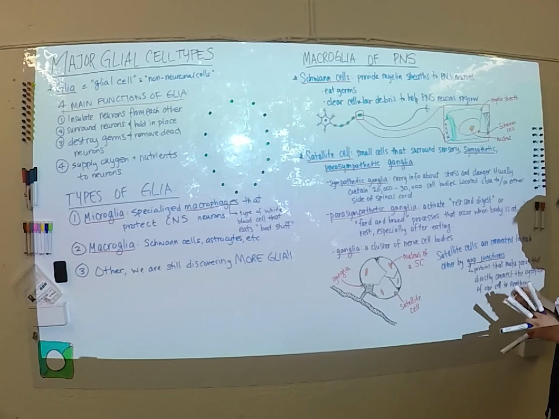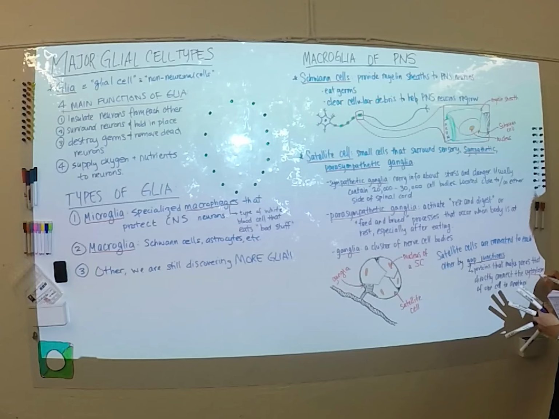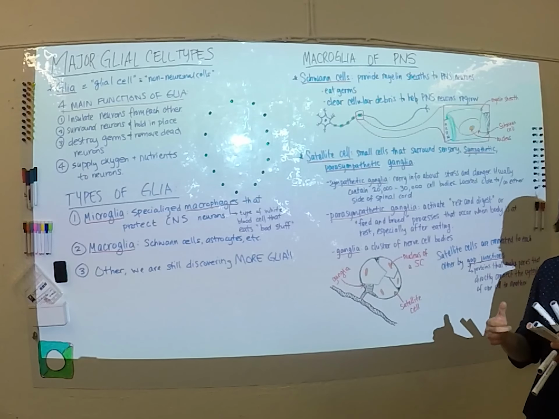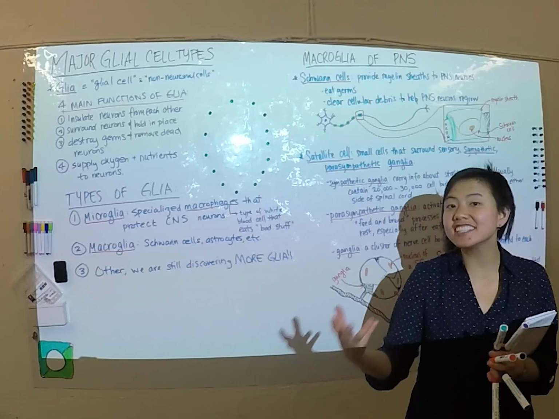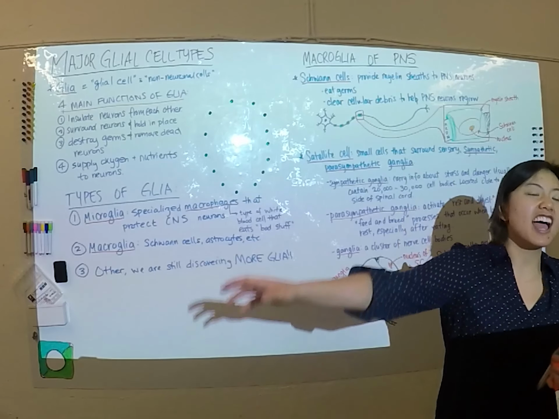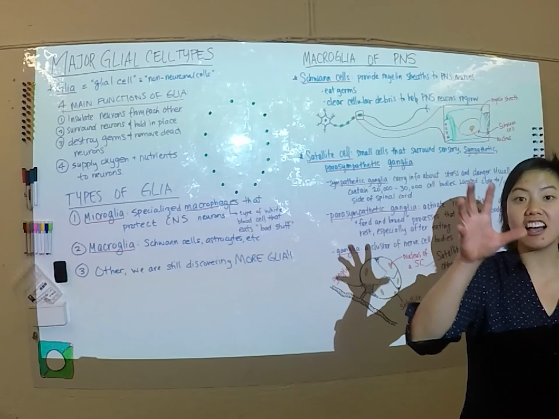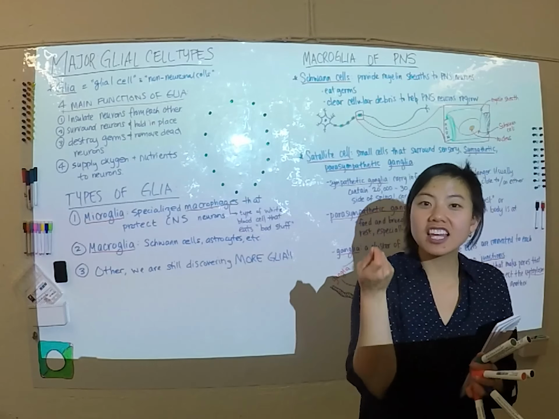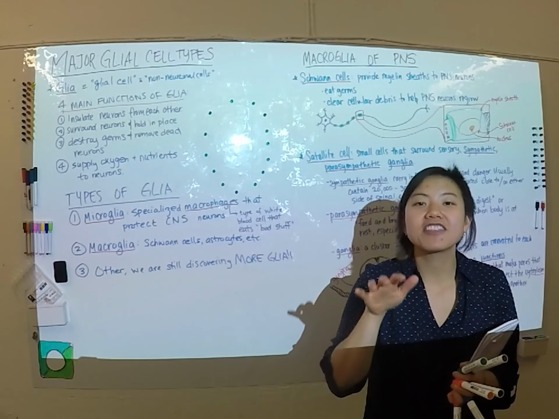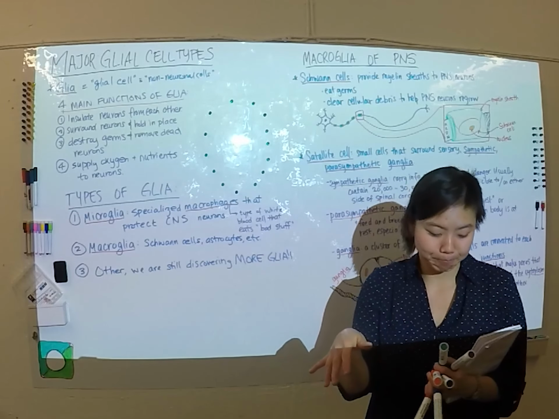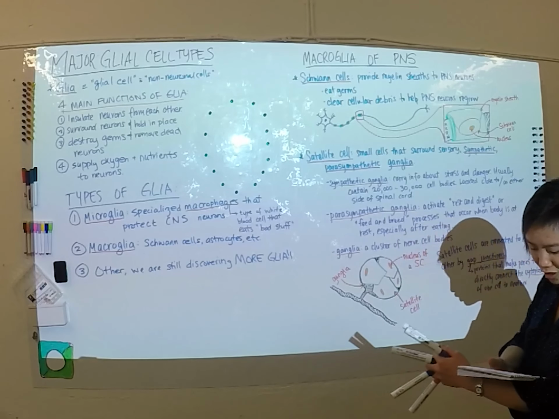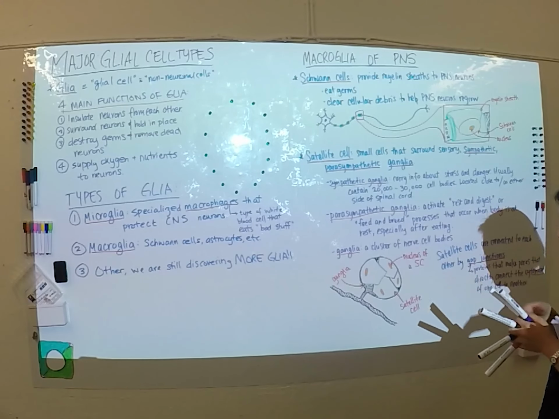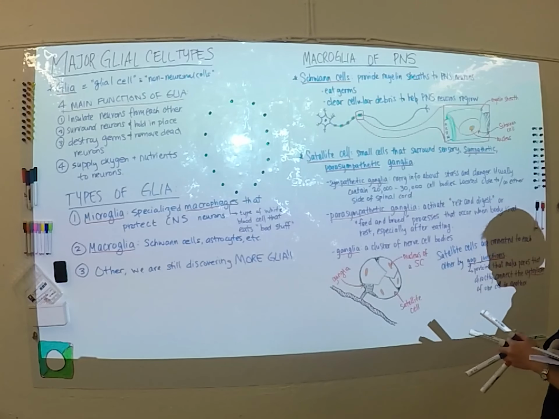So real quickly, cytoplasm just means the fluid inside of the cell. So basically everything that's inside of the cell, the stuff that they are floating on, that's called the cytoplasm. Okay, so let's really quickly draw a gap junction.